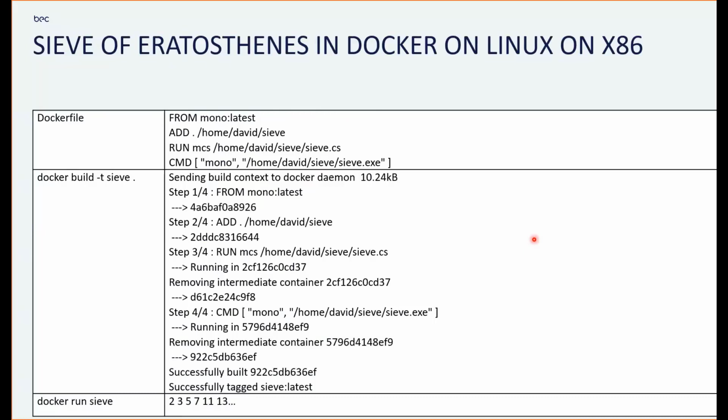So when we say docker build, it runs the 4 statements and builds the application. And when we say docker run, then we actually get the result 2, 3, 5, 7, 11, 13, 17, and so on. So now we have run this .NET program in Docker on Linux, which runs on a Linux emulation provided by Windows 10.